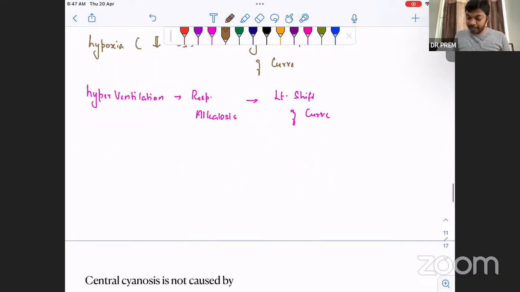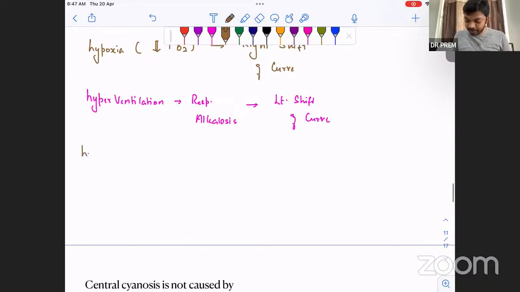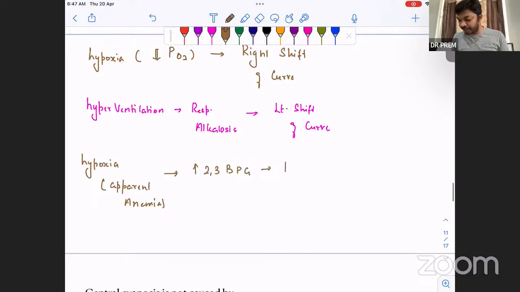But again, in a hypoxic environment, because of apparent anemia, there is going to be increased production of 2,3 bisphosphoglycerate. This is again going to shift the curve to the right. So two factors shift the curve to the right, and just one factor shifts the curve to the left.